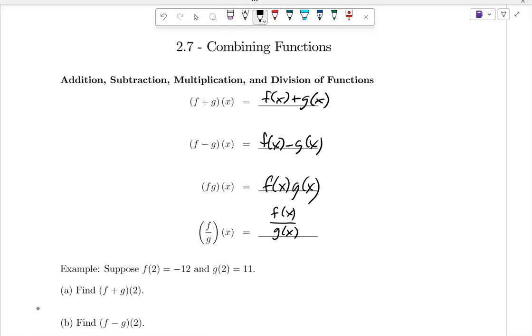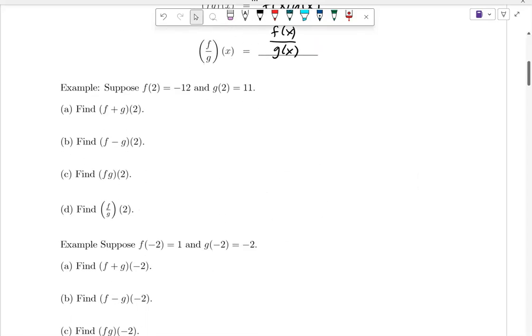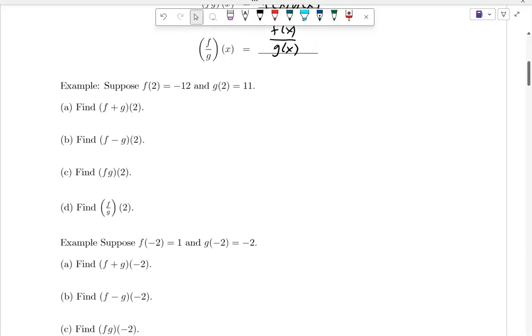So let's look at this first example. Notice they don't give you an explicit function listed, but they do tell you the outputs associated with f and g for the input 2. So in the first case, we want to find f plus g of 2. By the definition that we just said, you can rewrite f plus g of 2 as what?